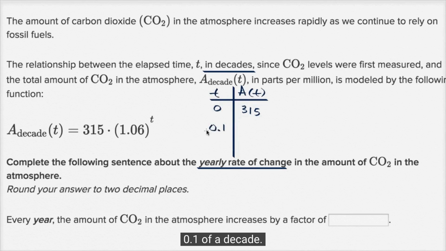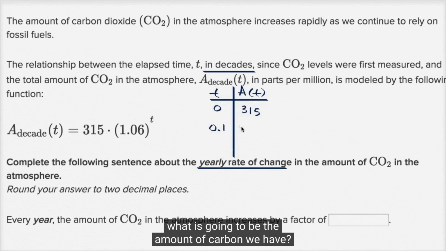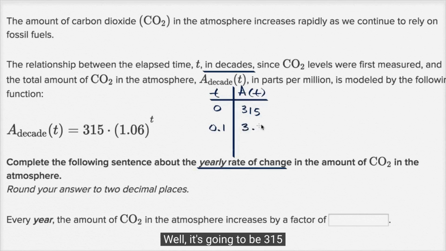So a year later is 0.1 of a decade. So 0.1 of a decade later, what is going to be the amount of carbon we have? Well, it's going to be 315 times 1.06 to the 0.1 power. And what is that going to be?